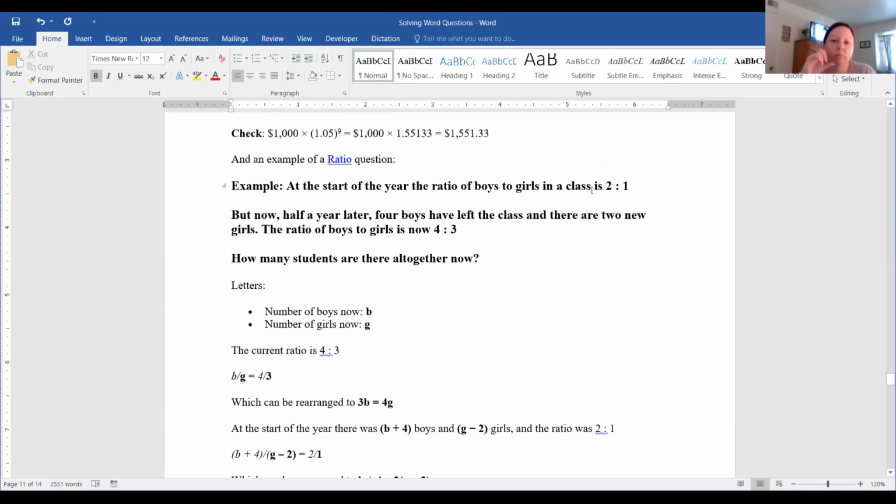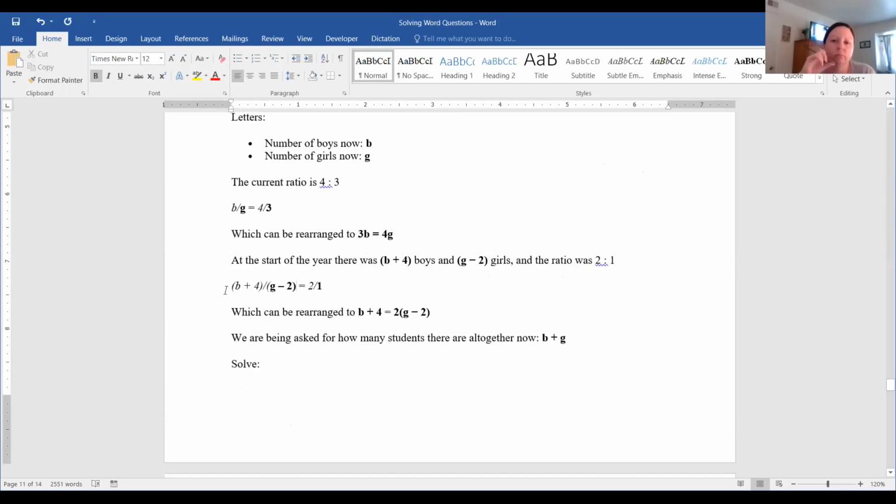That's where we started. So B plus 4 to G minus 2 is 2 to 1, which can be rearranged by multiplying both sides by G minus 2.